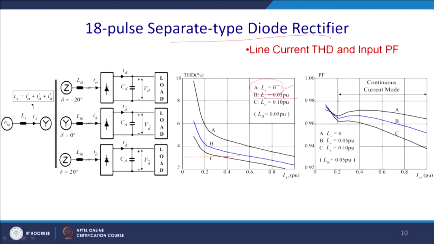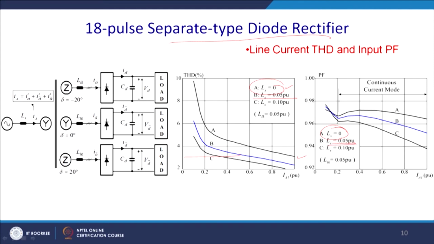So, this will be the case for the 0 source impedance. Thereafter, if you have 0.5 per unit, this is the B curve, the blue curve, which comes into the picture in most practical situations, and you can see that you can get a little more than 3%.